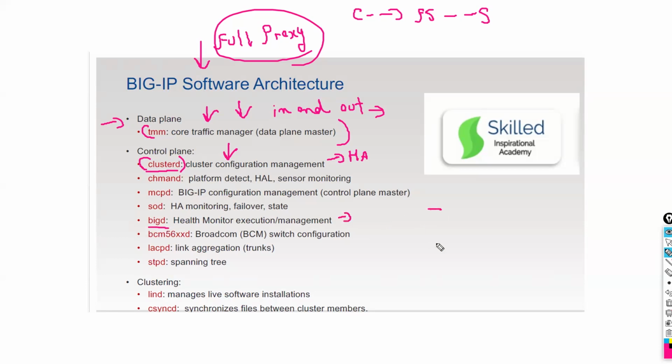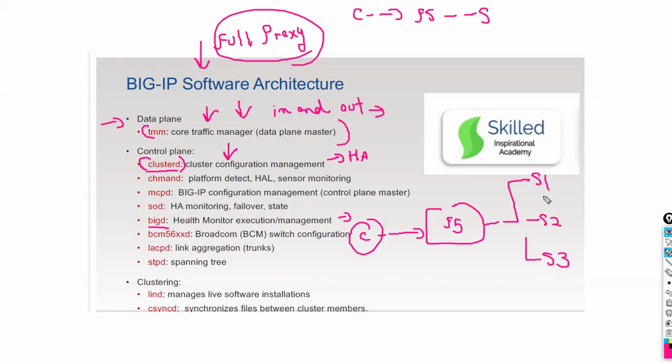I was discussing yesterday, when a client wants to connect to a website, it comes to F5. F5 will first check which of the servers are up. If one of the servers is down, it will not send traffic of that client to that server, because it can cause issues.